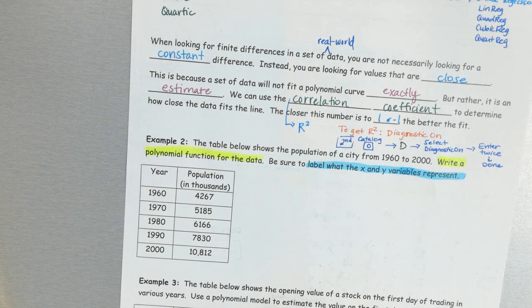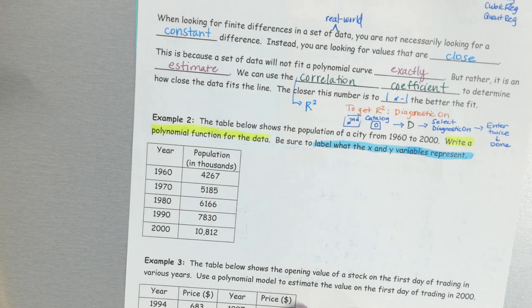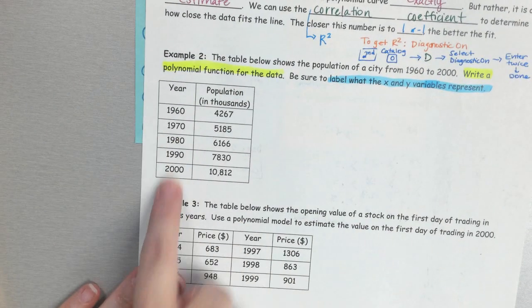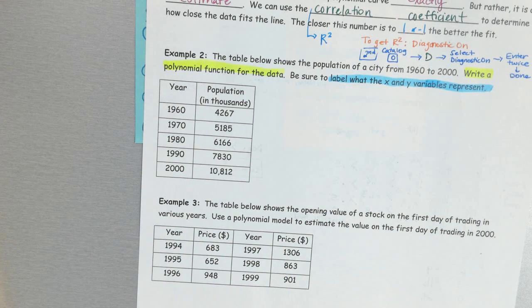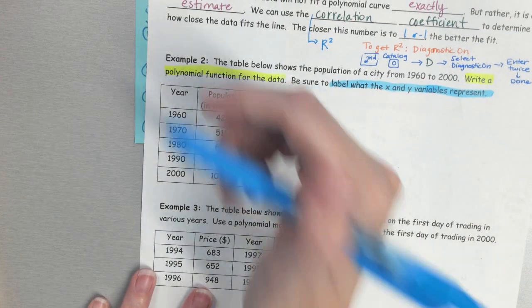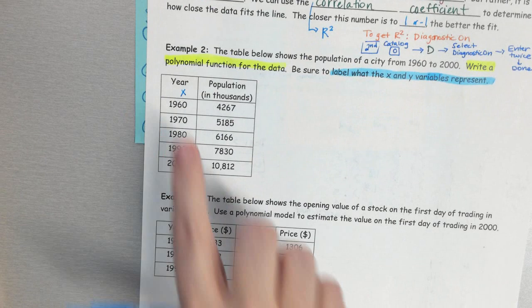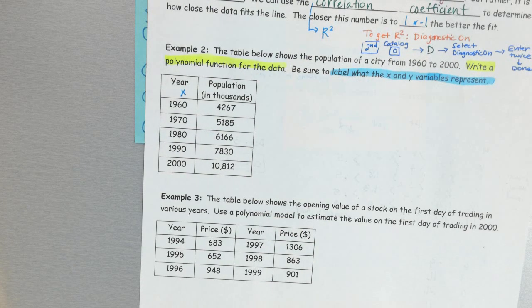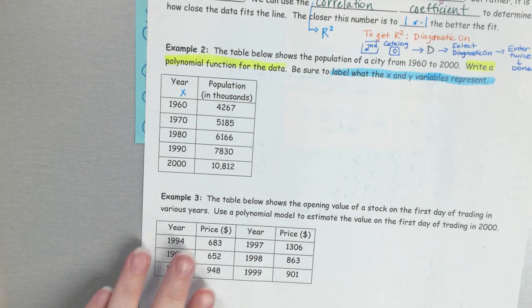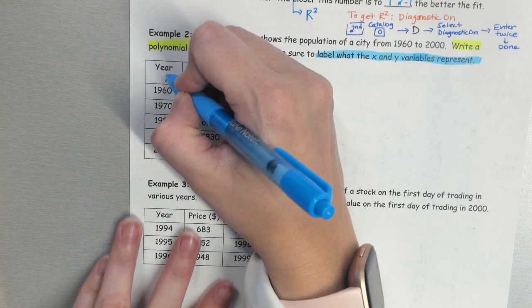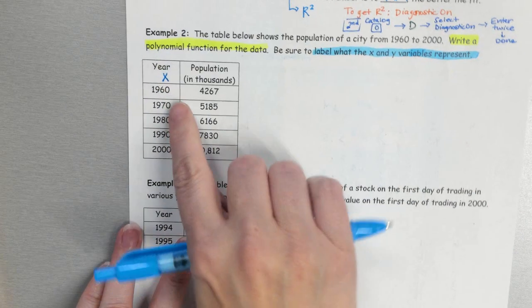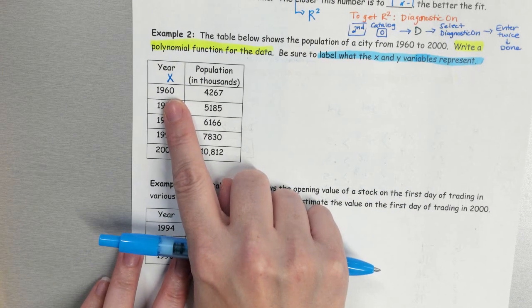When you are entering in your data, and it's in terms of years, this is your input, this is your x. But instead of putting in 1960, which is going to give you some large numbers to work with, do you guys know how we could label the x and what we could put in for this year here?